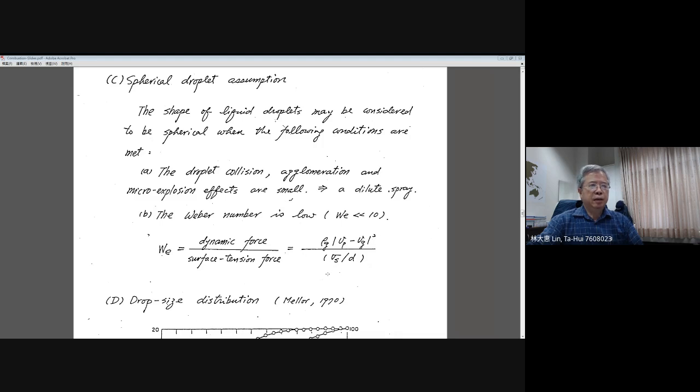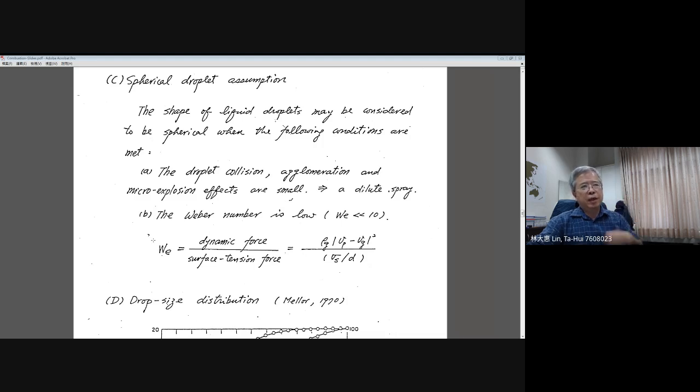In the denominator, there is the surface tension divided by D, and then you have a non-dimensional Weber number. You should remember the definition, but the physical meaning of the Weber number is the dynamic force divided by the surface tension force. For the case of a Weber number much smaller than 10, you can assume a spherical droplet.